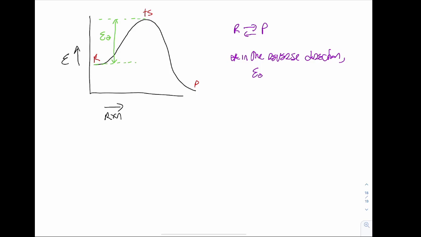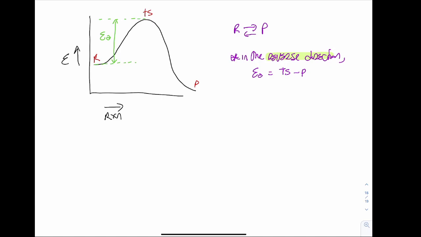So in the reverse direction, our activation energy is equal to my energy difference between the transition state, so TS, and the products, right? My products being my reactants in the reverse direction. Again, please note this is only for reverse. Not all reactions go in both directions, but a lot of them do, and we will talk quite a bit about reactions that go in the forward and the reverse direction this semester.